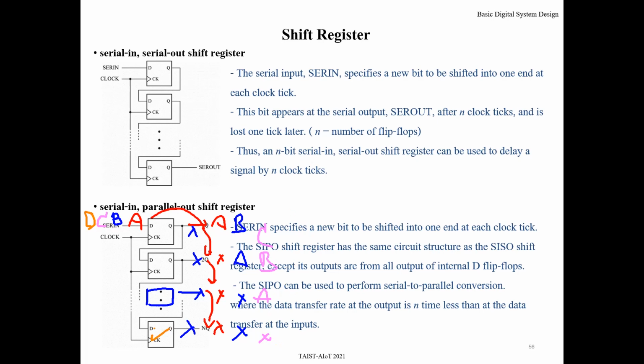So this one reads data A, this one reads input data as B, this one reads data from here as C. So when the clock ticks, it changes to here, and this one reads D. Okay, now you see that the output of these four bits from the flip-flops is the same as this one.